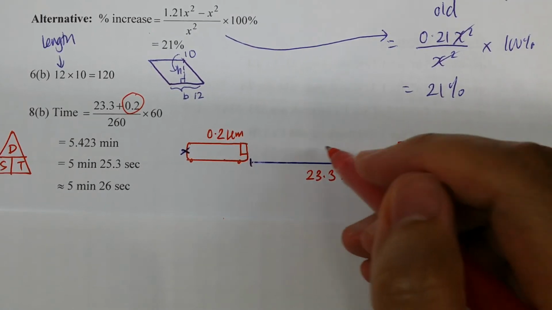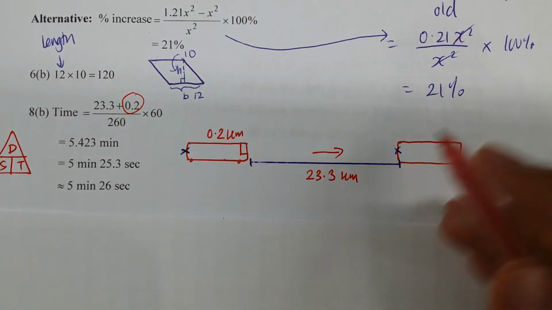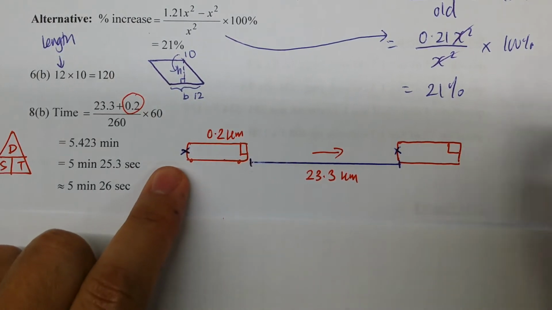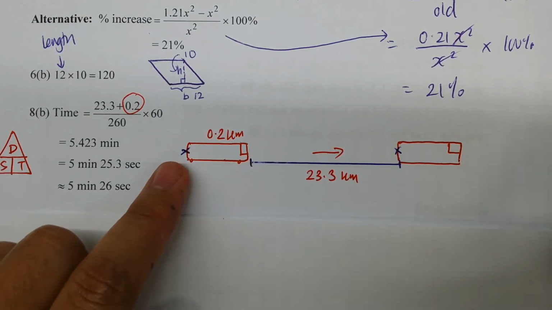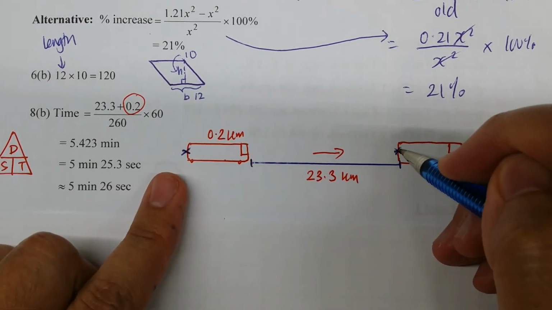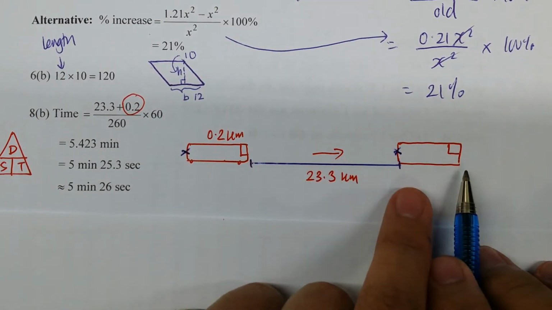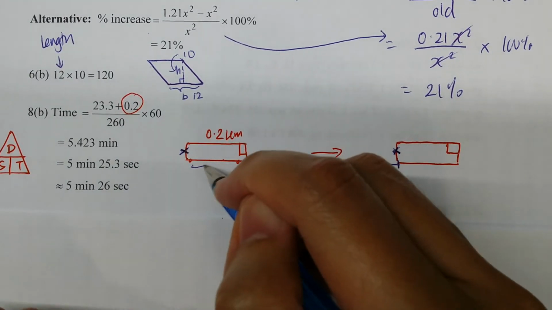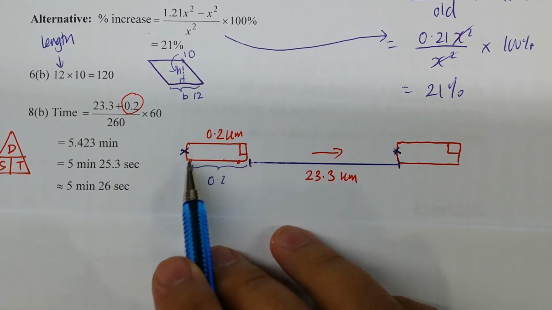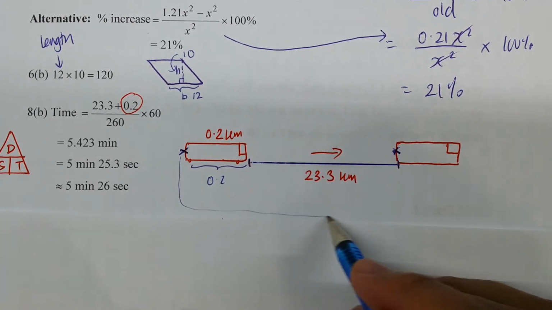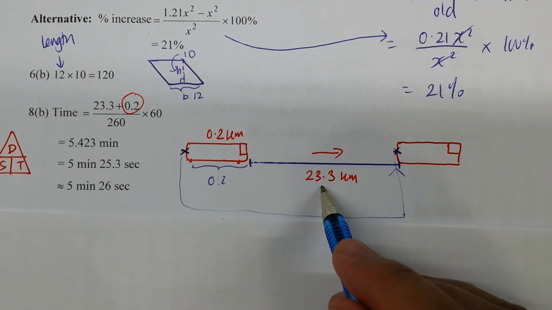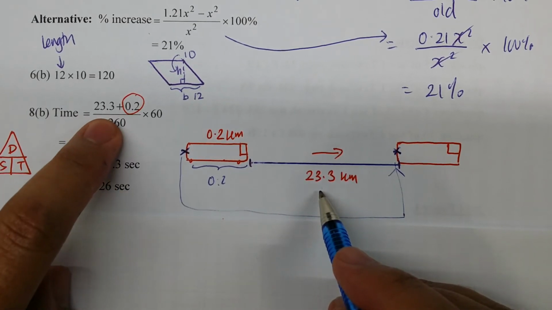I measure from tail to tail, so that the entire train passes through the tunnel. So the cross moves 23.3 plus 0.2.